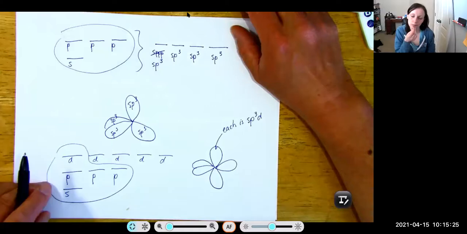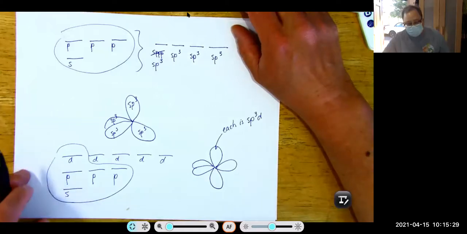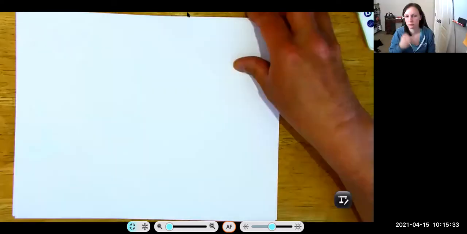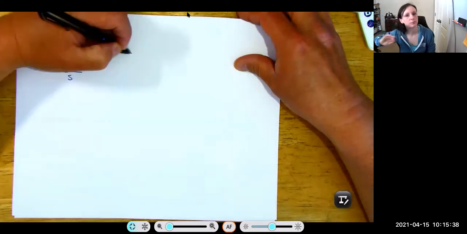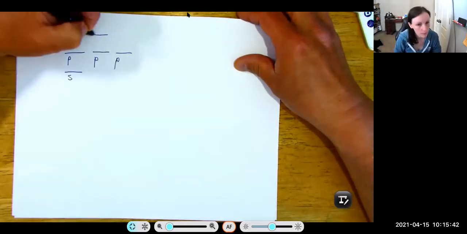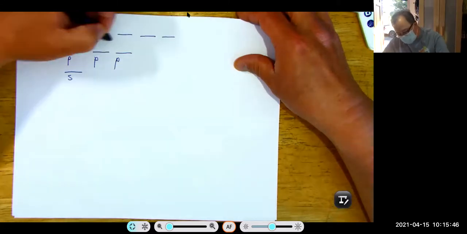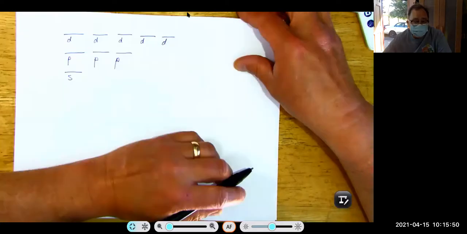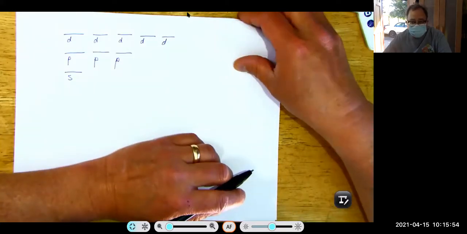Okay. So what do you think the next level would look like? Just another d. Now, the only elements that can do this type of hybridization are those in the third, fourth, fifth, sixth, and seventh periods. And the reason for that is because in period 2, there are no d orbitals.